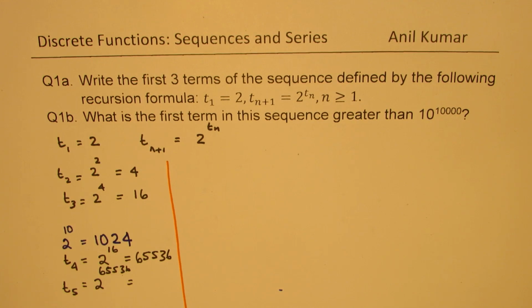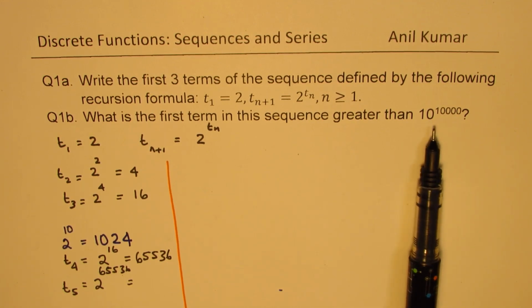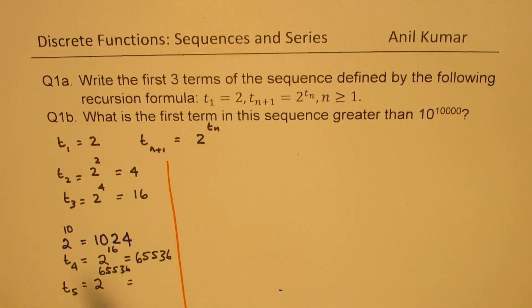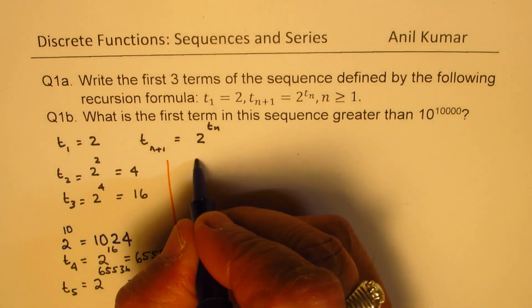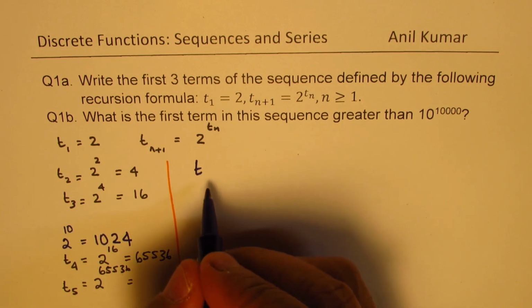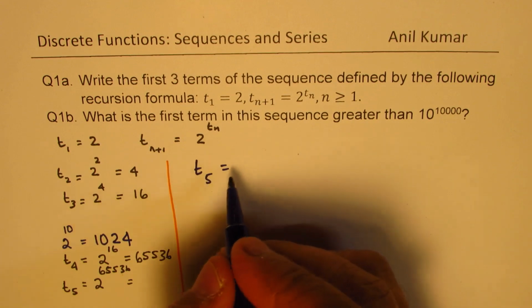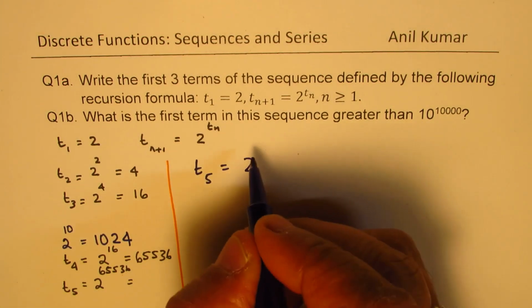Anyway, the question is interesting. You cannot really use a calculator to find this solution. Now let's try to figure out what 2 to the power of 65536 is. So the fifth term where we are stuck is 2 to the power of 65536.